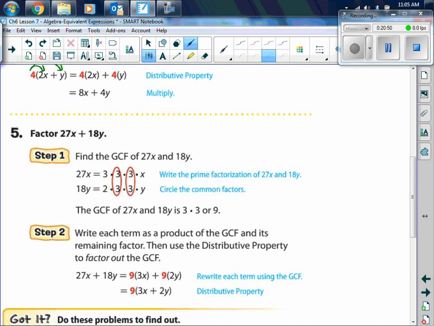So here, we're going to rewrite the 27, we're going to say 9 times 3x. Remember we had one like this yesterday? 9 times 3x. And then the 18y, we're going to write 9 times 2y. And now we can take that 9 out, and it goes in front of the parentheses, and whatever is left stays inside the parentheses. So we have 9 times the quantity 3x plus 2y.